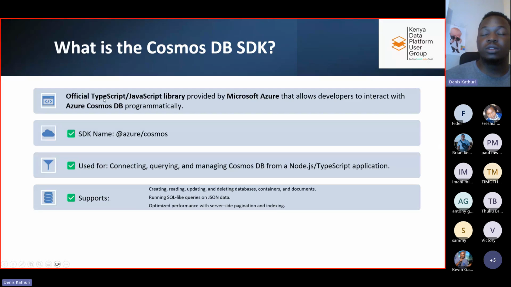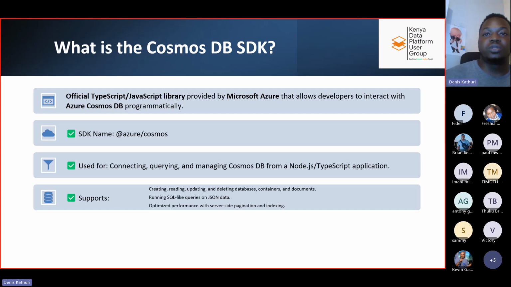It is the official TypeScript JavaScript library provided by Azure that allows developers to interact with Azure Cosmos DB programmatically. So this is the right tool for developers, mostly TypeScript and JavaScript developers, to use to access the database programmatically.